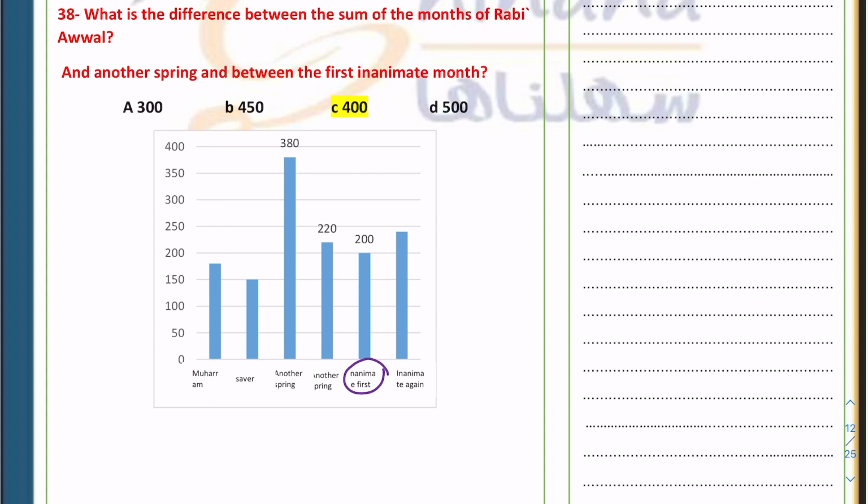He said the sum of the first Rabi' and second Rabi', Rabi' al-Awwal and Rabi' al-Thani. So we will add both of them. It will be 600 minus 200, which is Jumada al-Awwal, which is 400. Of course, sometimes you will find the translation is about names, so it will be Rabi' al-Awwal, Rabi' al-Thani, Jumada al-Awwal, Jumada al-Thani, or maybe he will write it Rabi' first, Rabi' second, Jumada first, Jumada second, or maybe they will translate it, but I think he will keep the names.